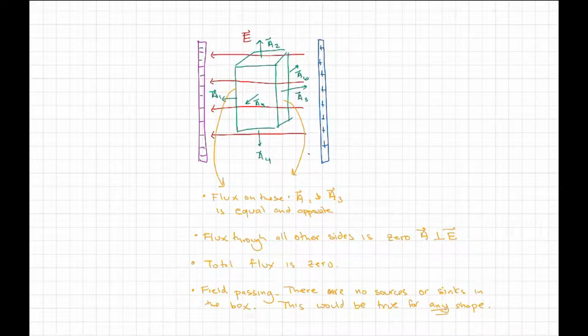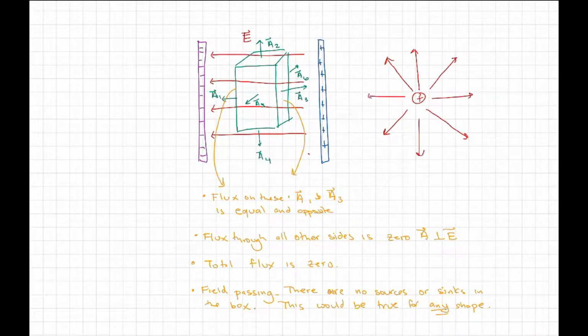And in fact, even if I drew something more complicated to think about, so now I'm going to draw over here, let's make it a positive charge here, and that positive charge has an outward electric field like this. I can depict it with some electric field lines, okay, even if I drew a sphere out here and thought about the flux through the sphere, that would also still be zero, okay?